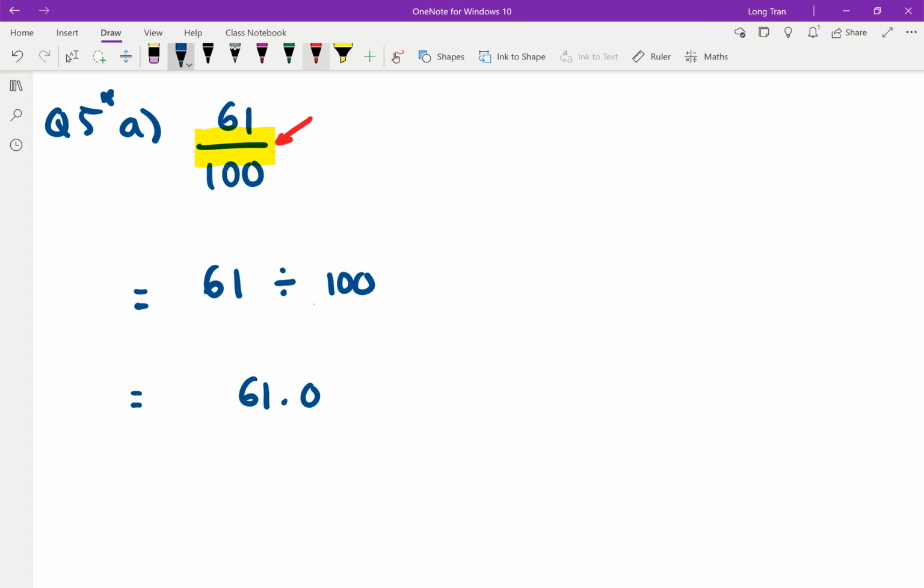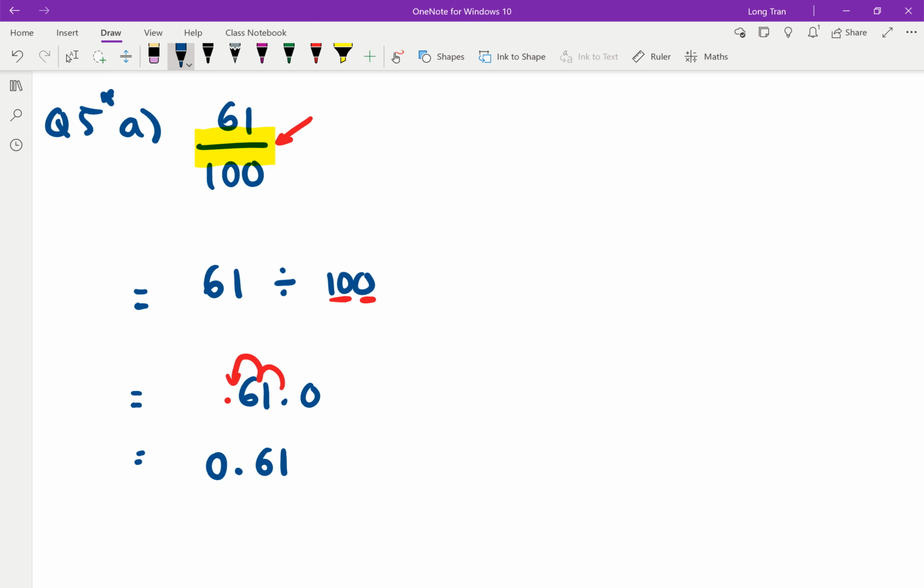When you're dividing, you're moving to the left by the number of decimal places, based on how many groups of 10. Now 100 is made up of 2 groups of 10. That's why we're moving 2 place values smaller, and that's why you end up with 0.61. This is question 5.